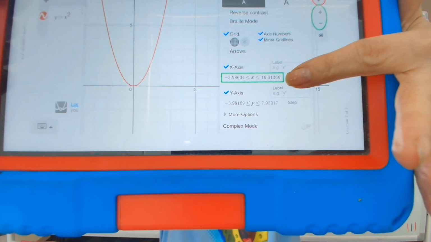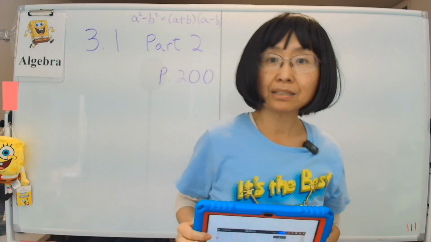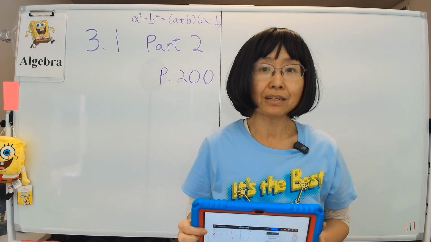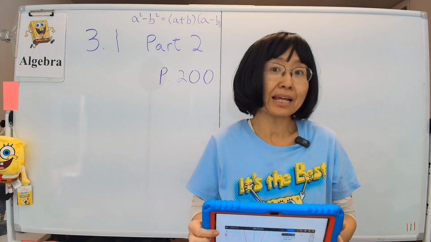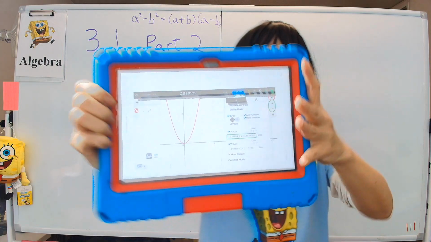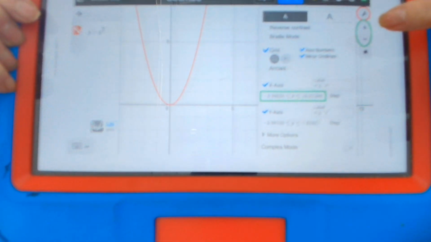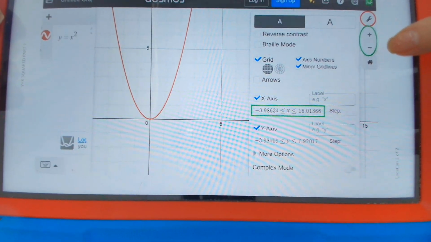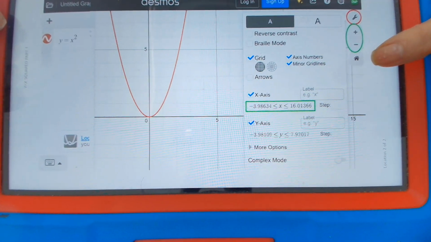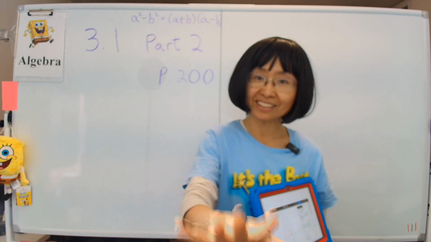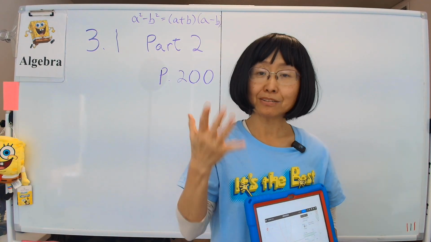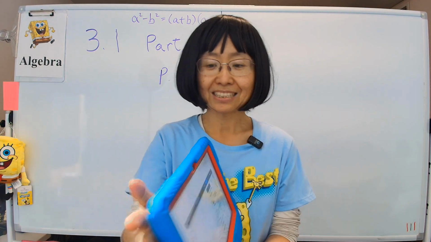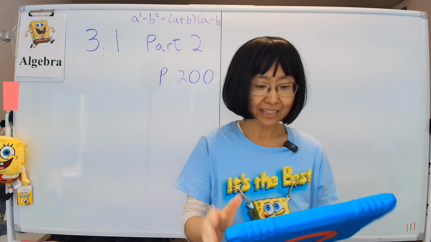X going from 0.01 to 1, or 100 to -100 to 100, anything. However, normally I'm not even going to bother with that. See this plus and minus symbol? Just push one or the other, and it will zoom in to 0.01 or out to 1,000 or something. Just keep clicking that button, and that's what I did.